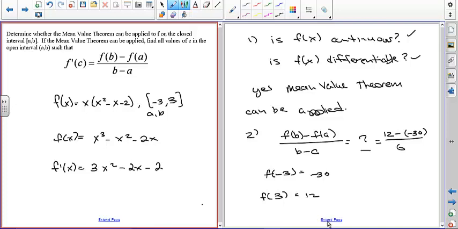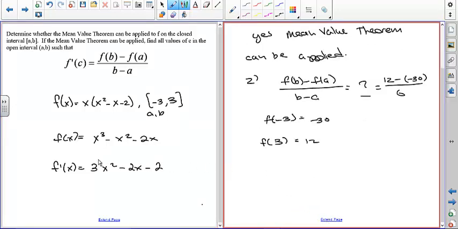Then you say, okay, what values of x make the first derivative equal 7? So 7 is equal to 3x squared minus 2x minus 2.